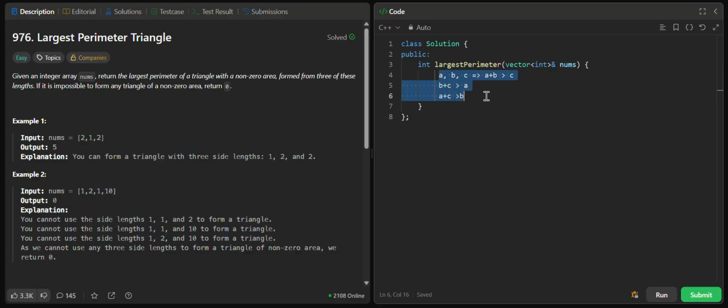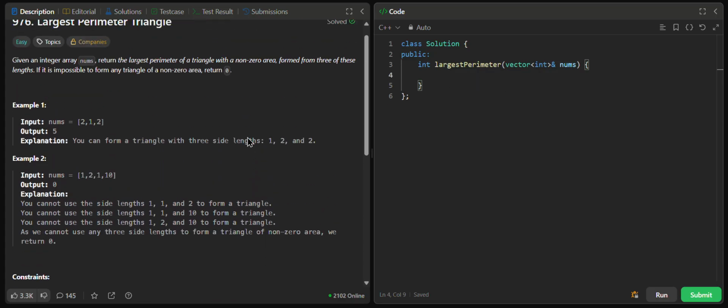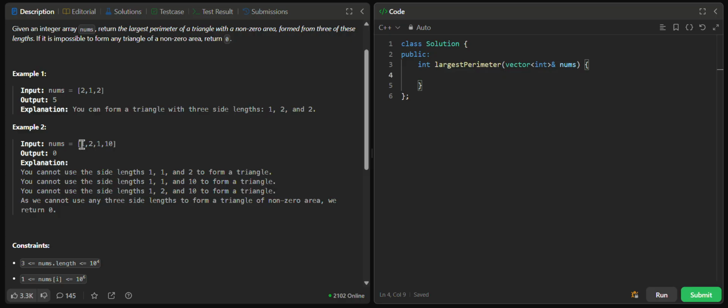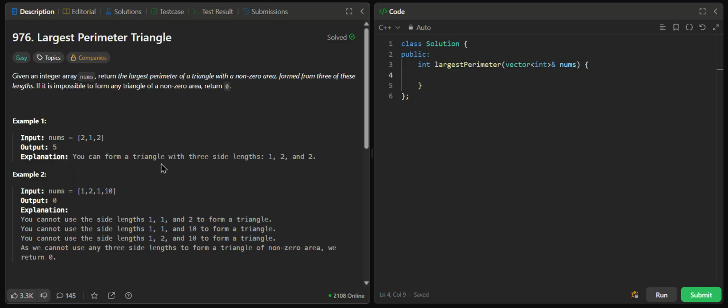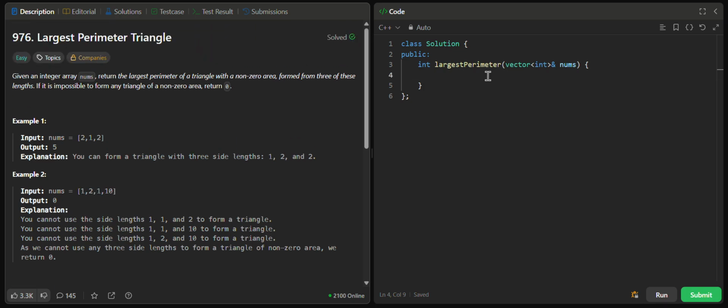But let's not check all three conditions. What we will do in the solution is first sort, not in increasing order, but in decreasing order. Why decreasing order? So that we can get the maximum length sides first. That's why we'll sort nums in decreasing order.